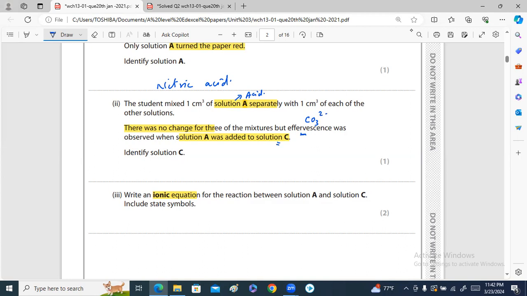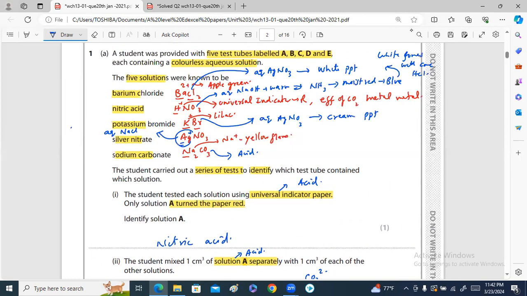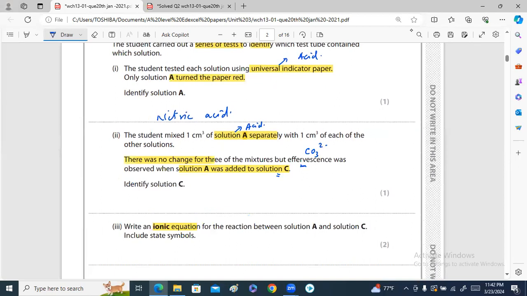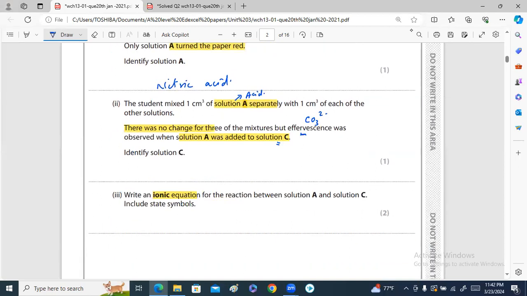So C must be carbonate. Check your list. Which one is the carbonate? Sodium carbonate. Any carbonate can produce the effervescence of carbon dioxide with the acid. So solution C is sodium carbonate.